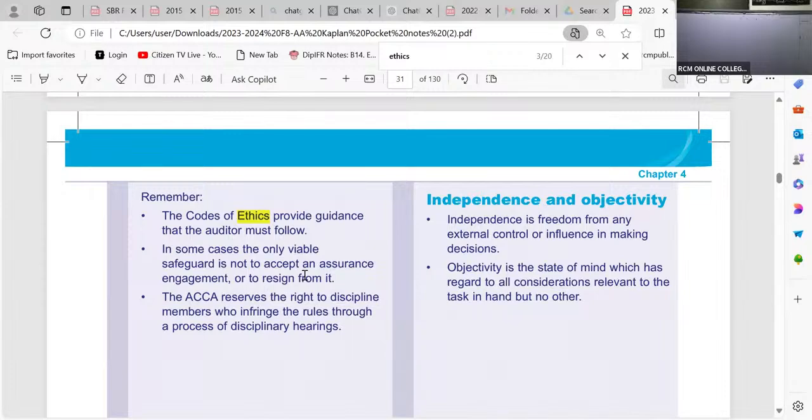They say, Mwalimu, even if I get 50 million, that will jail me, there is no problem. But if you have a reputation to protect, there are those things of management integrity. Once you hear them from the word go, you are better off refusing that kind of engagement. Or if you are already in it, resign. So ISPAC reserves the right to discipline members who infringe the rules through a process of disciplinary hearings.